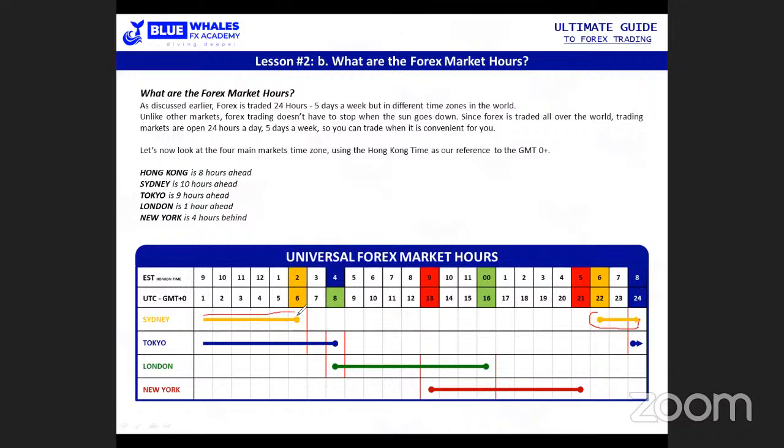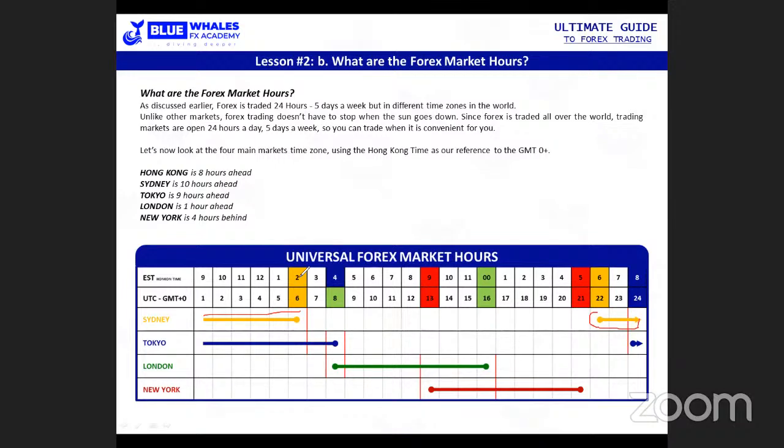So at 22:00 GMT, the Sydney or Australian market opens, and that will be 6 o'clock Hong Kong time. This market is open at 6 a.m. and it will run through till 0600 GMT.